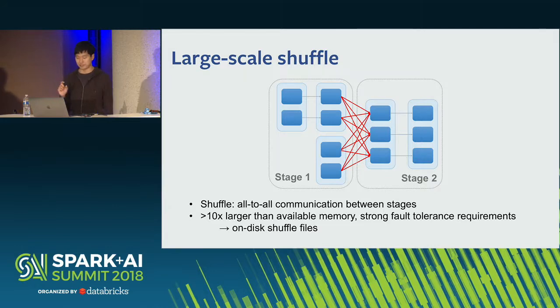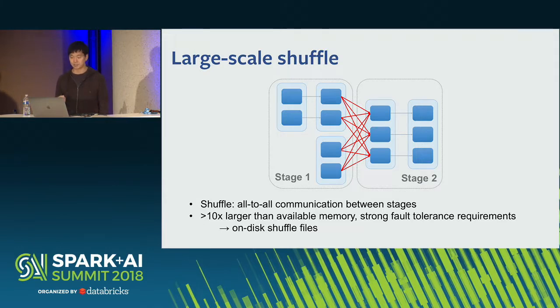What the shuffle operation does is push data from one stage to another. And while it's doing this, it partitions the data so that particular partitions make it to the reducers that they have to make it to. And so shuffle is basically an all-to-all communication between these stages.